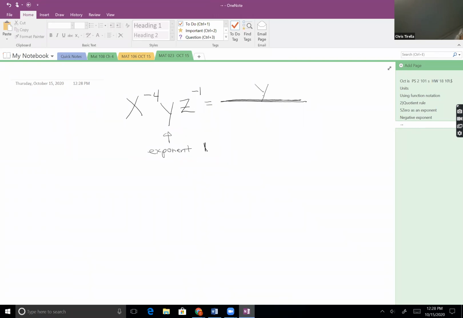Since it's positive, that'll go in the numerator. Which factors with a negative exponent will go in the denominator. And that exponent will become positive when I move that factor to the denominator.